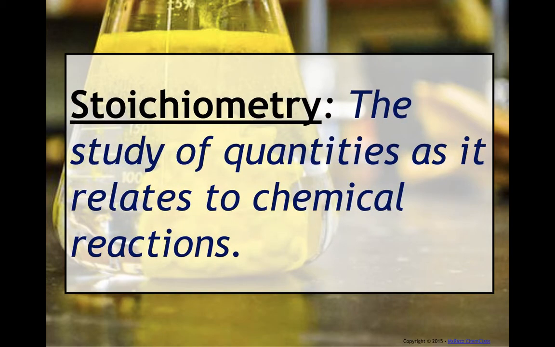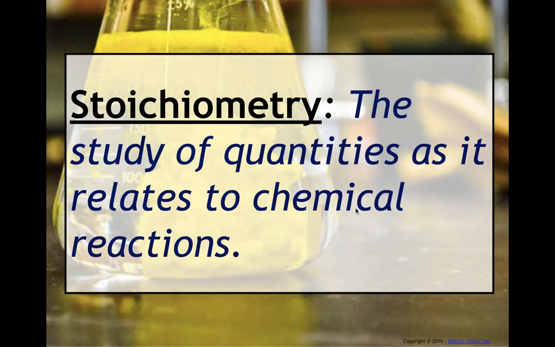So a formal definition of it is to study the quantities. The word quantity means how much or how many as it relates to chemical equations. So how many products we have, how many reactants we have, what are the relationships between certain reactants and certain products that are made, that kind of thing.